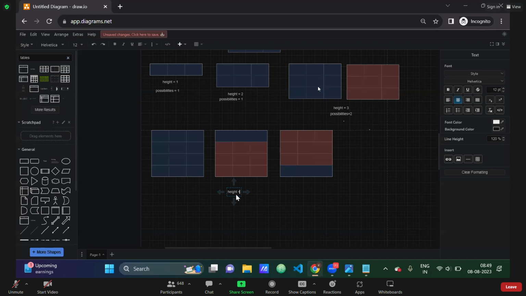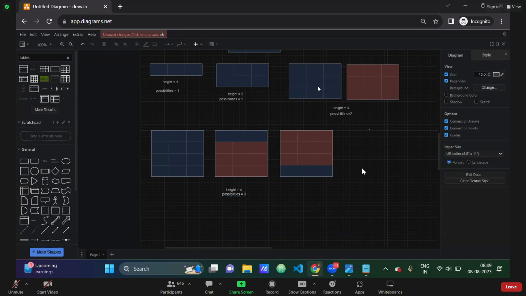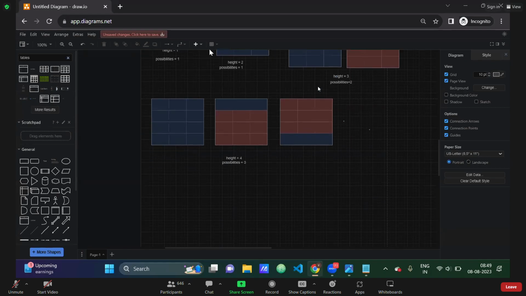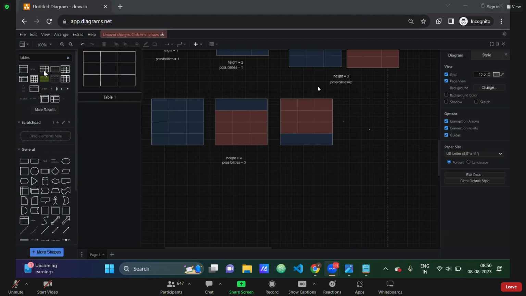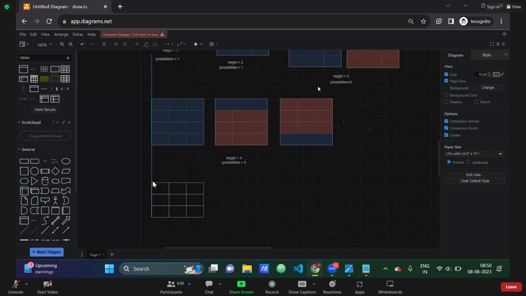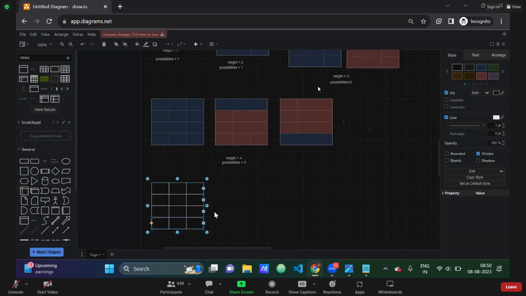Height equal to 4. Possibilities are 3. Next, coming to the last one, height 5.